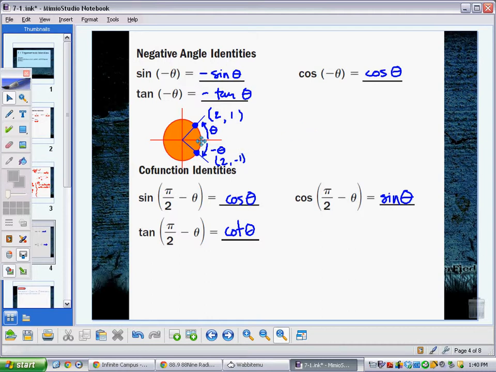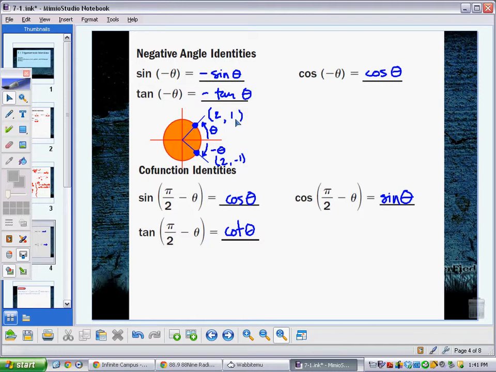So if I look at the unit circle, and I look at a negative angle, and some point that negative angle would take me to, the y value in this quadrant would have to be negative. For instance, -1. If I want that same angle value in the positive direction into the first quadrant, the y value would come out positive, like +1.